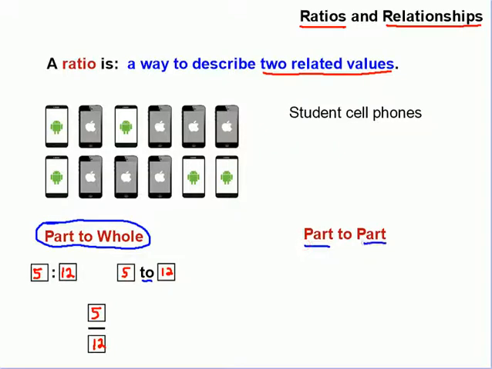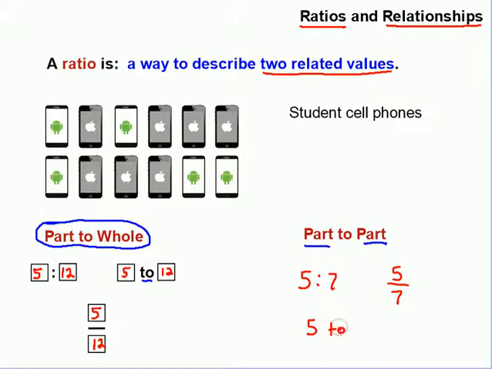A part-to-part comparison talks about two different parts of one whole. In this case, we could say 5 Android phones to 7 Apple phones. Or if we wanted to write it like this, we could say 5 to 7.